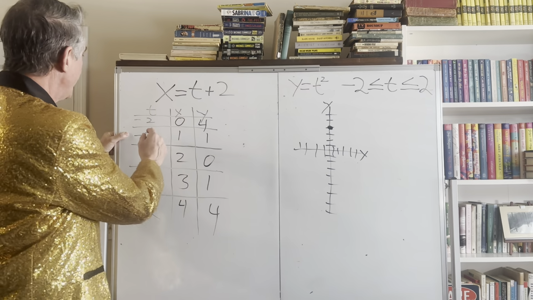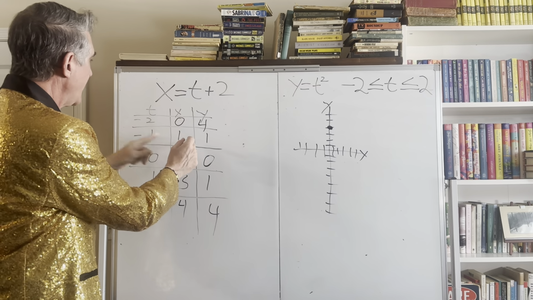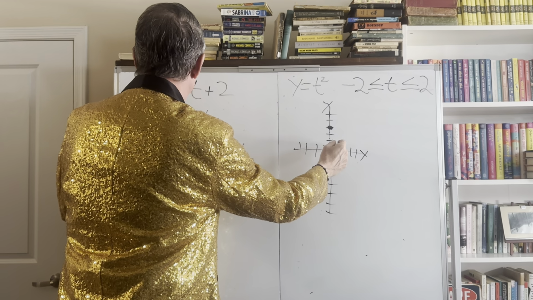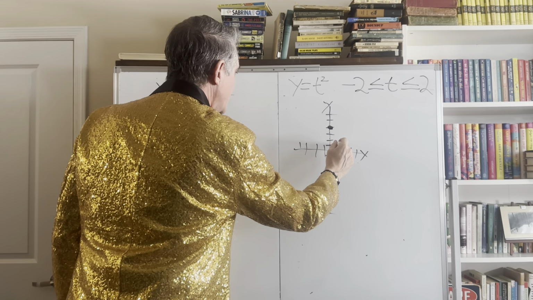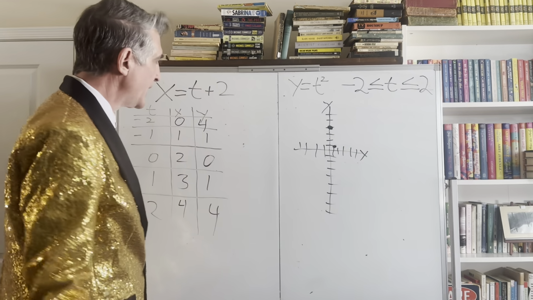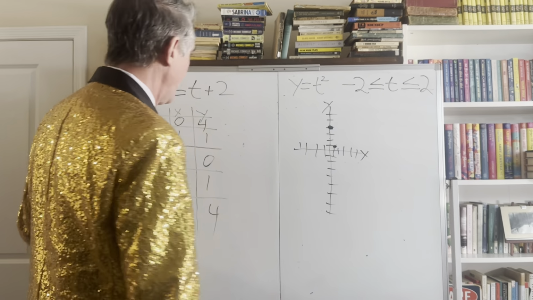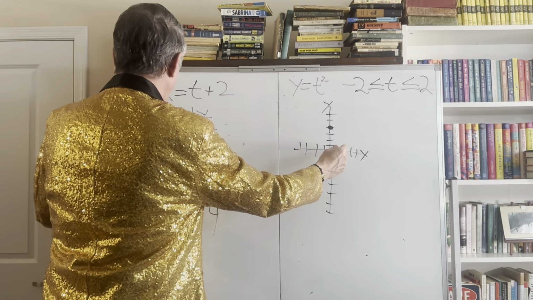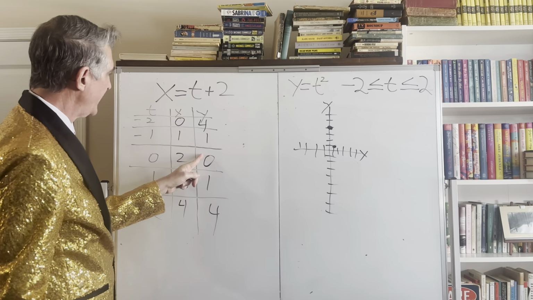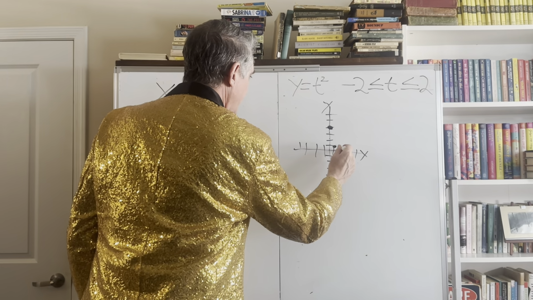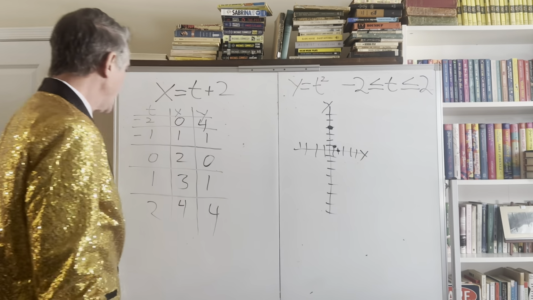All right, well, when t is -1, we've got coordinates of +1 on the x-axis and +1 on the y-axis. So let's just go ahead and say that it's along the lines of here. My graph isn't going to be perfect because I'm not an artist. I am not, but we already know that. All right, well, when t is 0, our x value is 2, and in this particular instance, our y value is 0. So our x value is all that's going to matter here, and that point is plotted there.